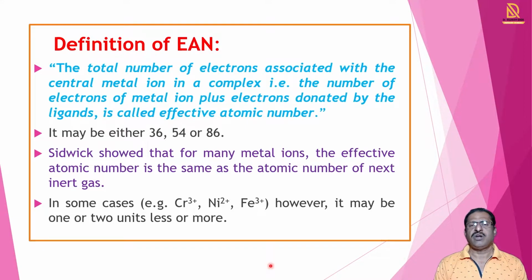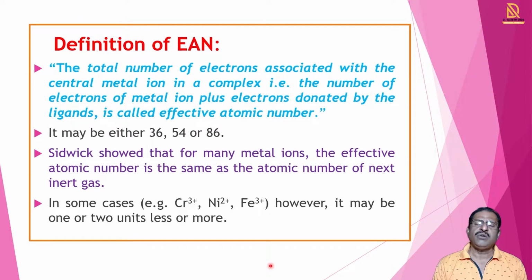In any coordinate complex, if the total number of electrons of the metal and electrons taken from the ligand is equal to the inert gas, then that is called effective atomic number.